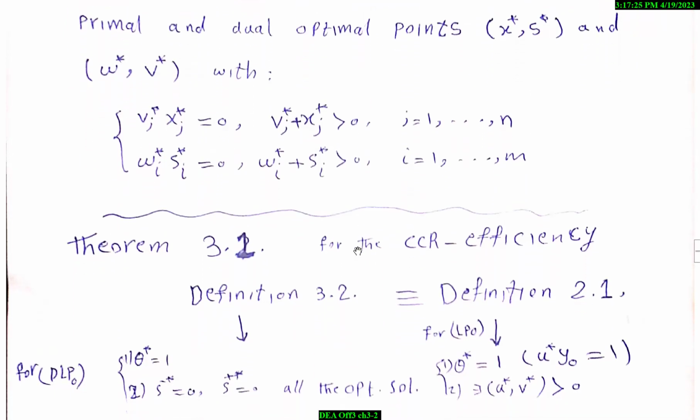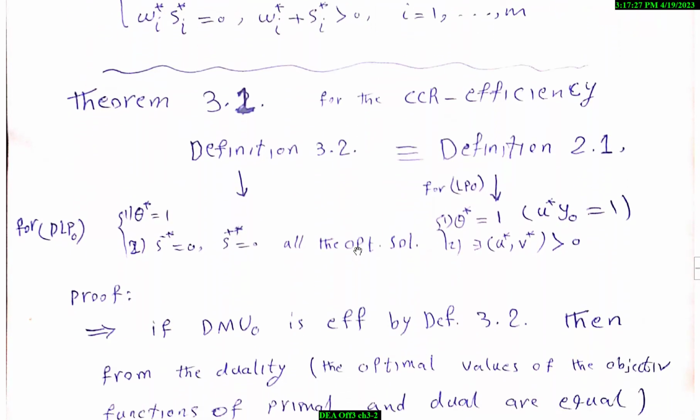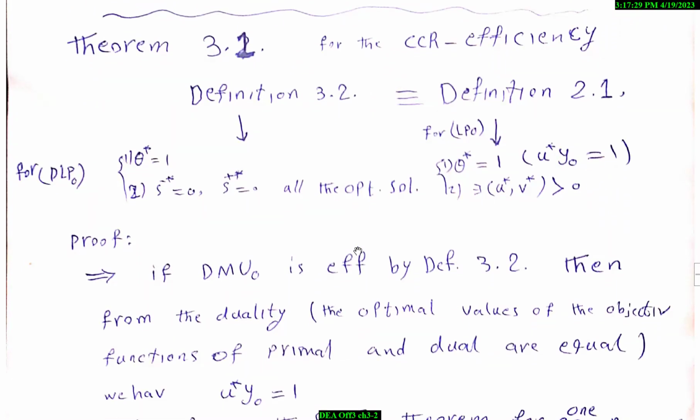Now we use these theorems to prove theorem 3.1 for the CCR efficiency. This theorem says, for the CCR efficiency, definitions 3.2 and 2.1. Definition 2.1 was in chapter 2 and definition 3.2 in chapter 3.